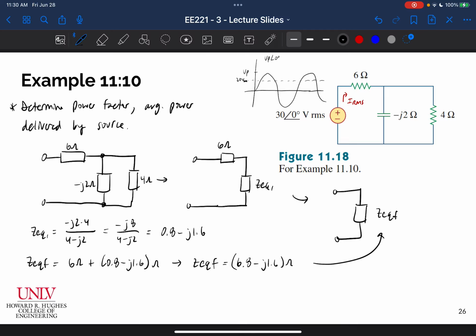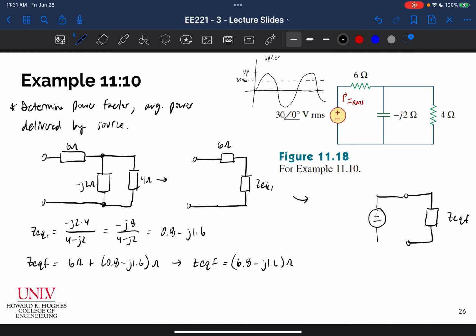Now all I have to do is delete this and connect my 30 volts RMS source, and I can find the RMS current, and I'll have everything I need to find the average power.